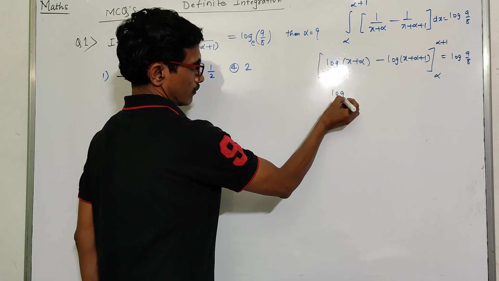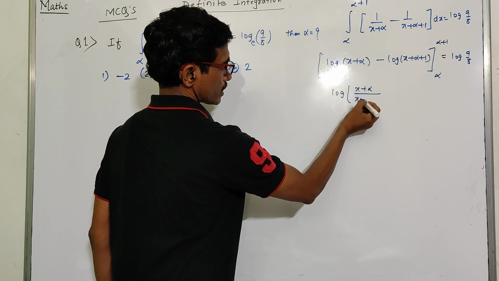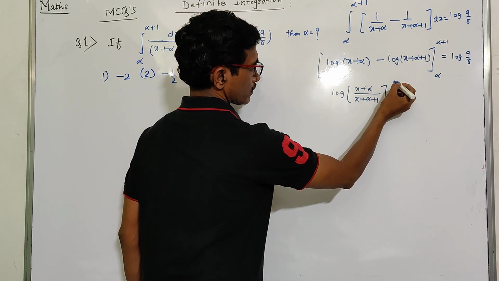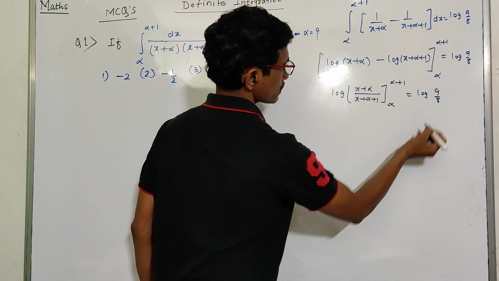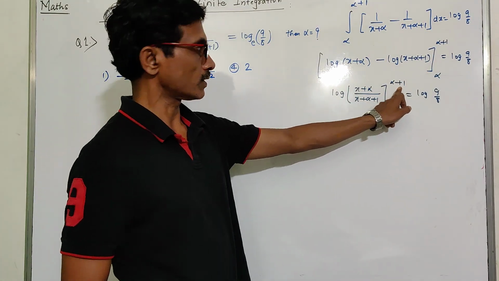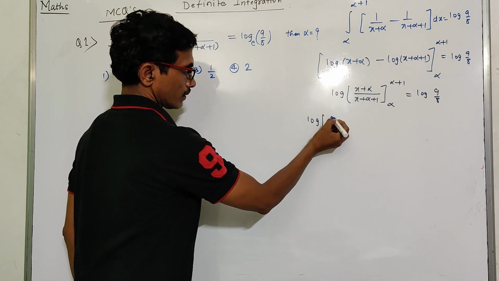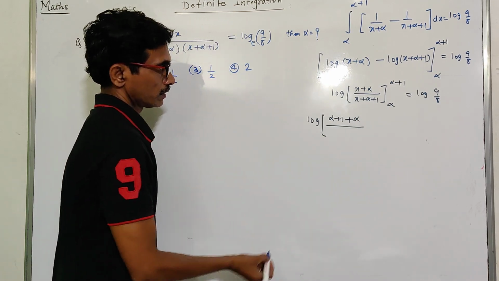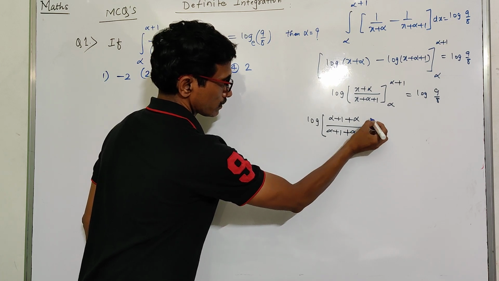This we write, log m minus log n is log m upon n. So it is log of x plus alpha upon x plus alpha plus 1, limits alpha to alpha plus 1, log of 9 by 8 as it is on the right hand side. Upper limit is alpha plus 1, so substitute here: alpha plus 1 plus alpha, and plus 1.